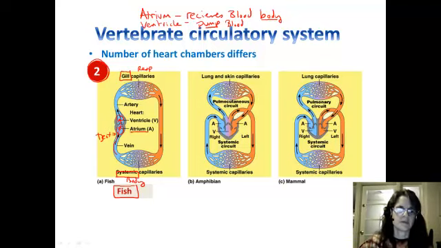The ventricle is the pumping chamber. It pumps and it sends the blood to the gills. If you'll notice, the blood vessels subdivide and get smaller and smaller till we hit the capillaries, the tiny vessels that are in the gills, and then the oxygen from the gills will diffuse into the blood. Remember, the concentration of oxygen in the gills would be very high. It would be very low in the blood vessels because we're deoxygenated from having come back from the body and we used up all our oxygen, so the oxygen would readily flow in.